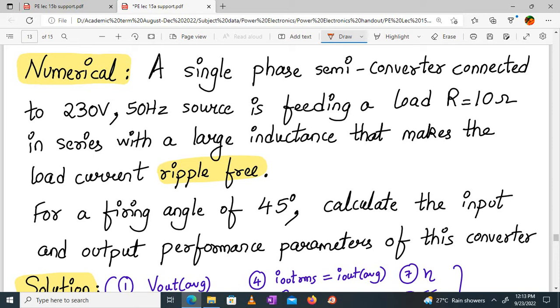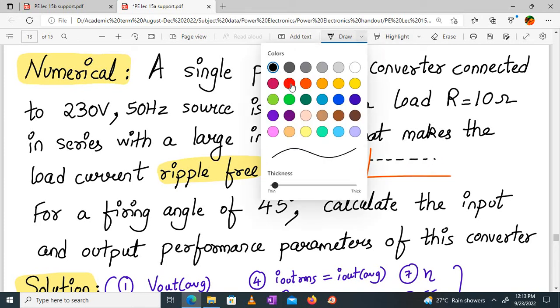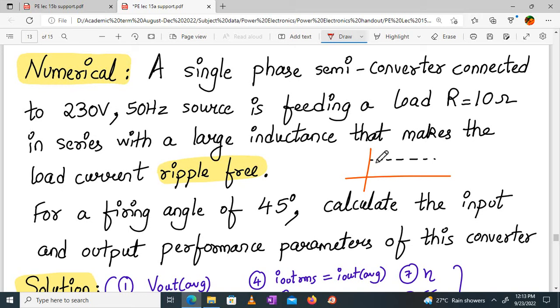Tell me which semi-converter it is. It is semi-converter with RL load, which makes the load current ripple free. What is the meaning of this? Normally load current we have assumed it like this, right? They are not saying that.